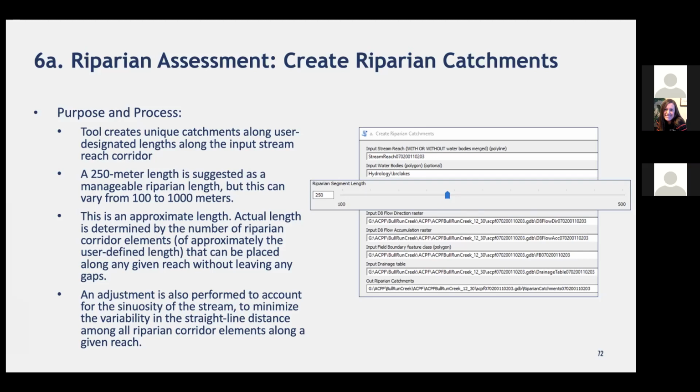Actual lengths would be determined by the number of riparian corridor elements that could be placed along a reach. So again, this is just identifying opportunities, and there's some variability here. There's also an adjustment that's performed as part of this tool to account for sinuosity, which can minimize some of the variability that we might expect.